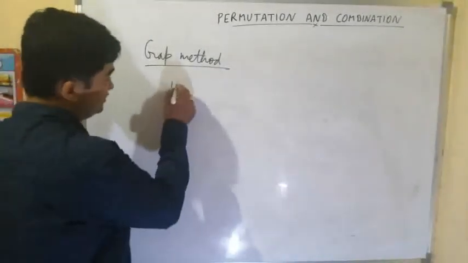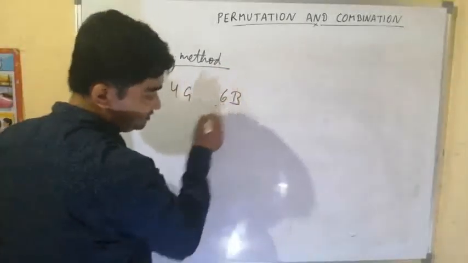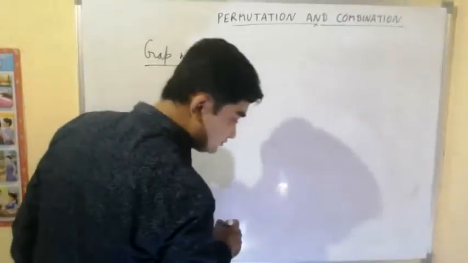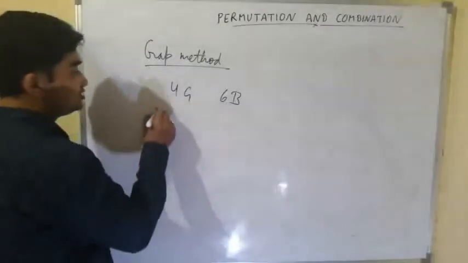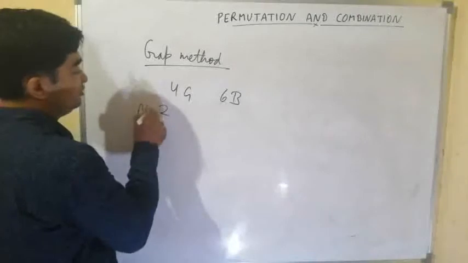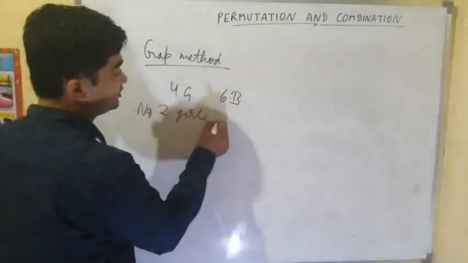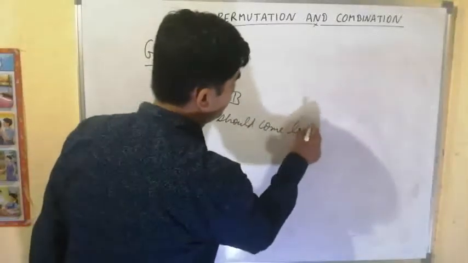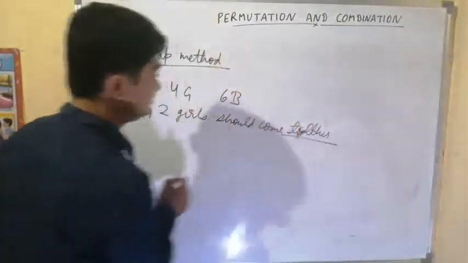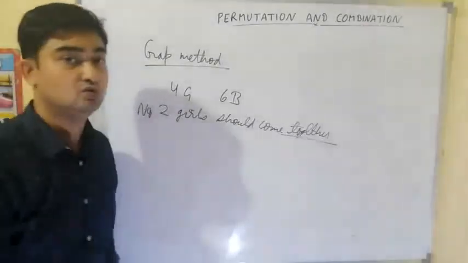Let us say there are 4 girls and 6 boys in a class. We have to arrange them in such a way that no 2 girls should come together. Then in how many ways we can do?